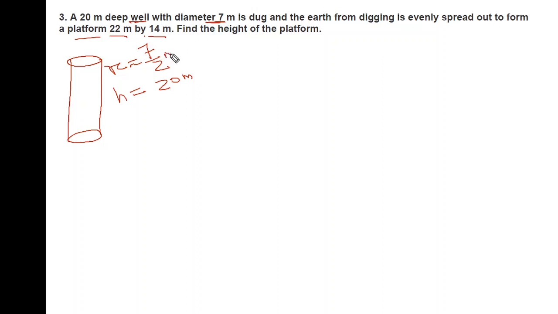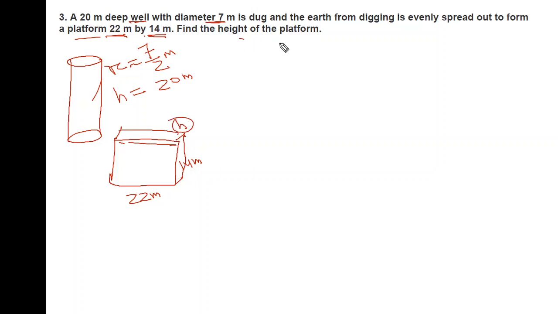Now this earth is to be placed on a platform like this, and the length of the platform is 22 meter, breadth is 14. So 22 meter and 14 meter, and this will be put on this platform. So a height must be there like this. We don't know the height, so let the height be h.